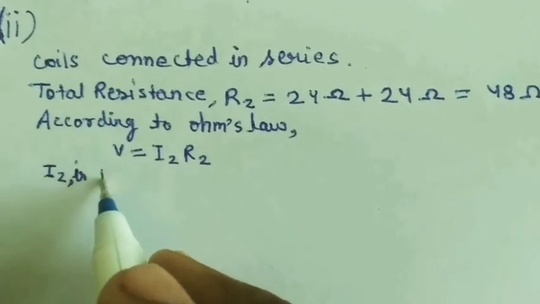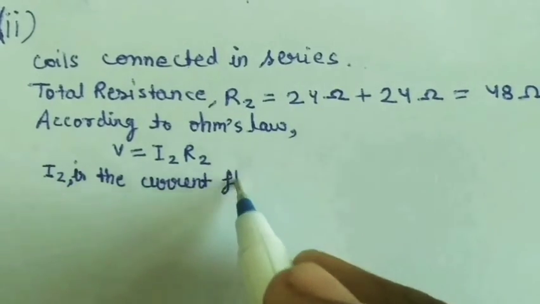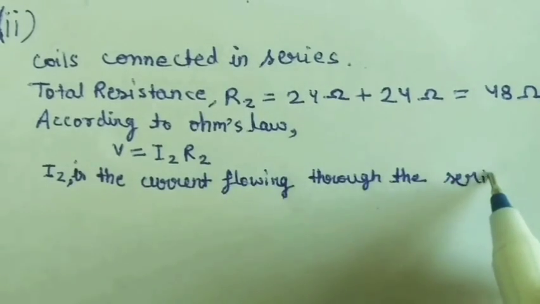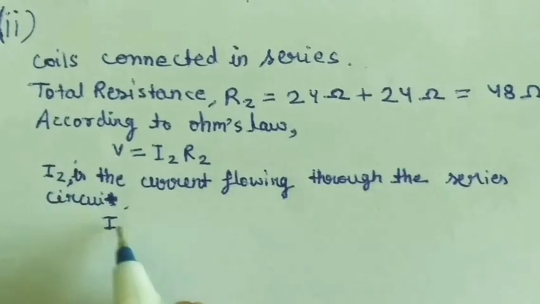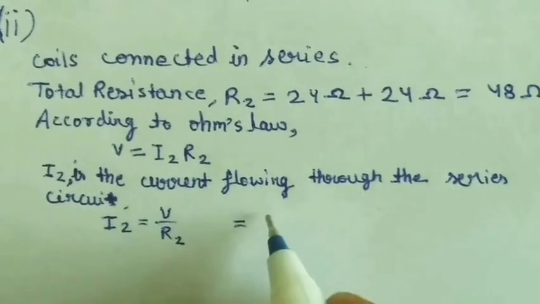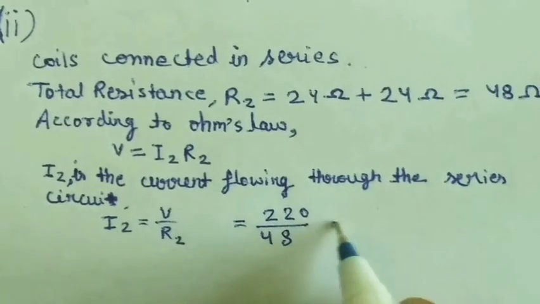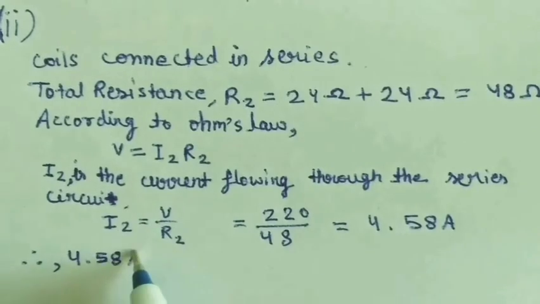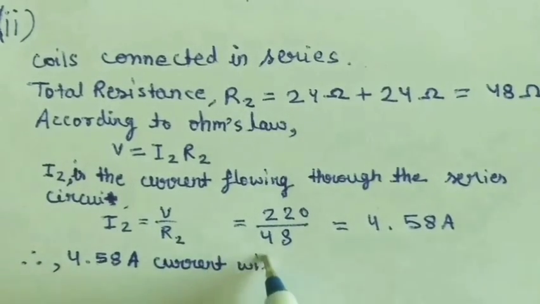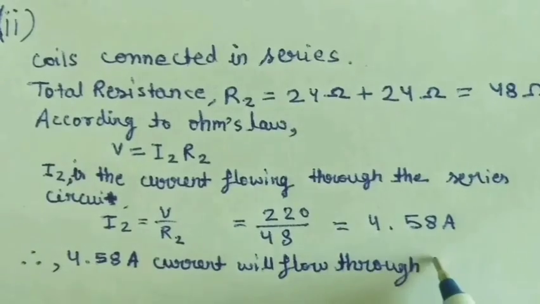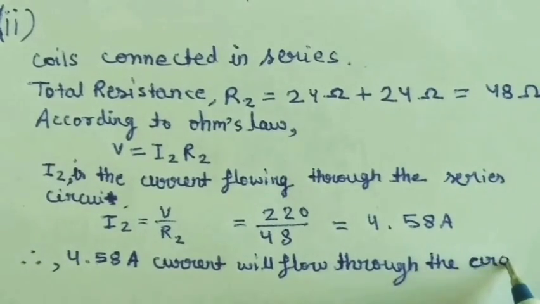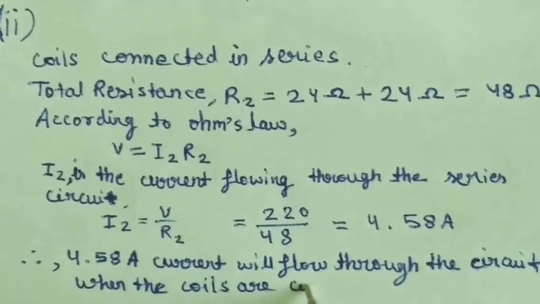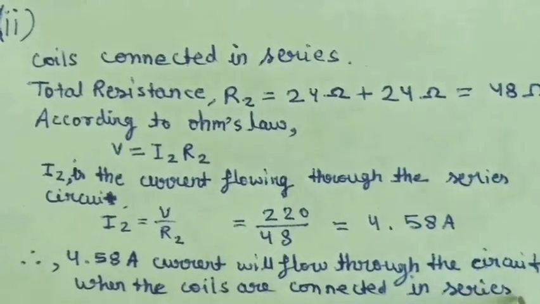I2 is the current flowing through the series circuit. I2 is equal to V by R2 is equal to 220 upon 48 is equal to 4.58 ampere. Therefore, 4.58 ampere current will flow through the circuit when the coils are connected in series.